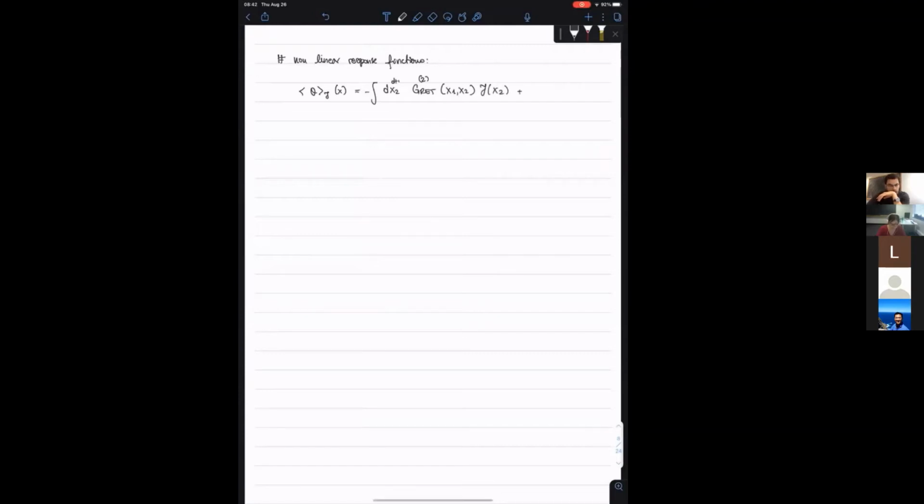But you can add more terms. You can have these additional terms which contain non-linear response, with some other retarded Green's function.